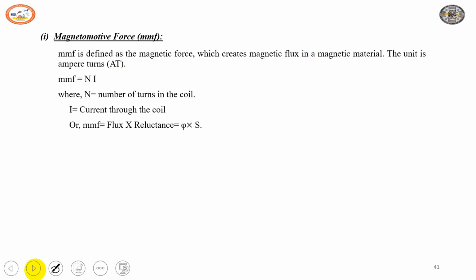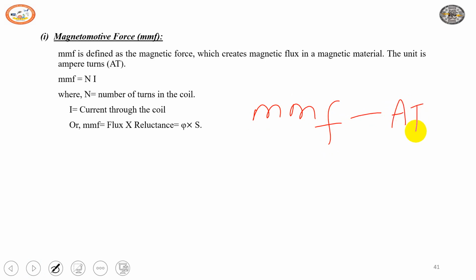Now, what is magnetomotive force? We discussed the attraction between magnets, the force. Magnetomotive force, in short MMF, is defined as the magnetic force which creates magnetic flux in a magnetic material. The SI unit is ampere turns.